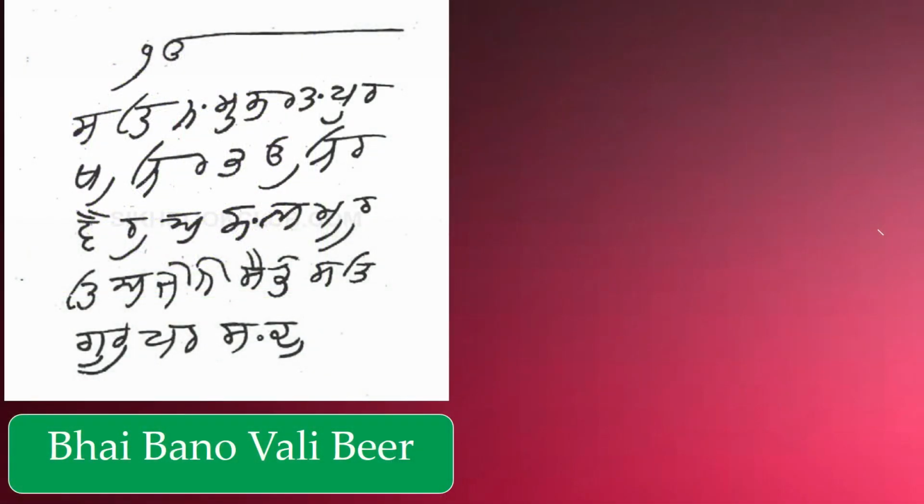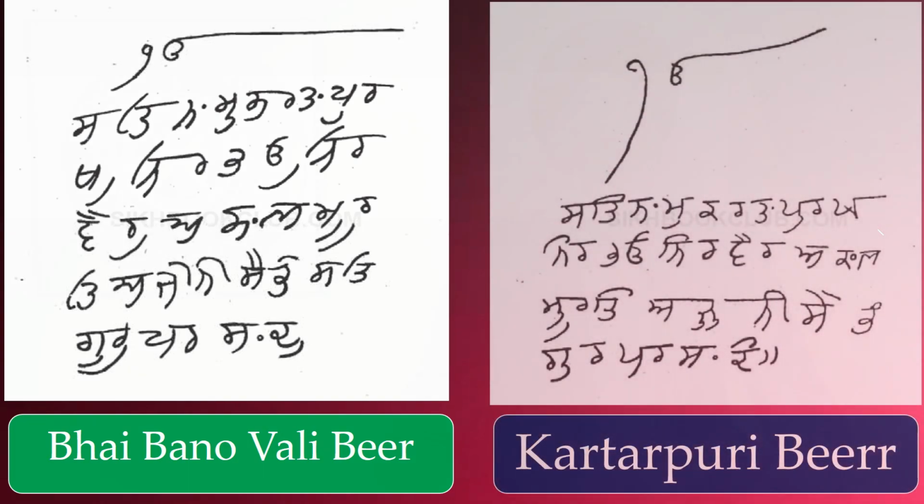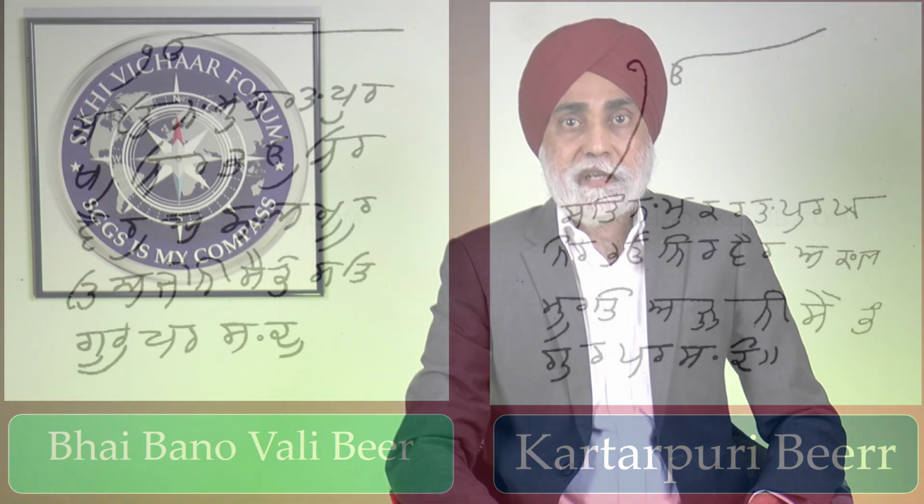The claim is that this is the handwriting of Guru Arjan Ji in the Bhai Banno Wali bead. This one is claimed to be Guru Arjan's handwriting in the Kartarpuri bead. If one took a cursory look, it would be clear that both handwritings are very different indeed.